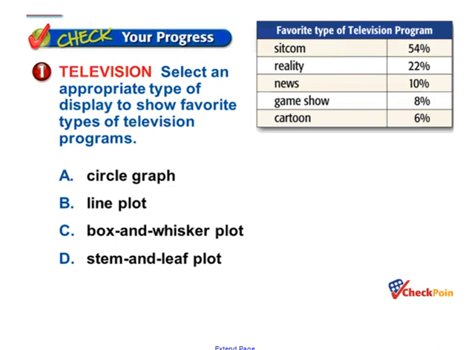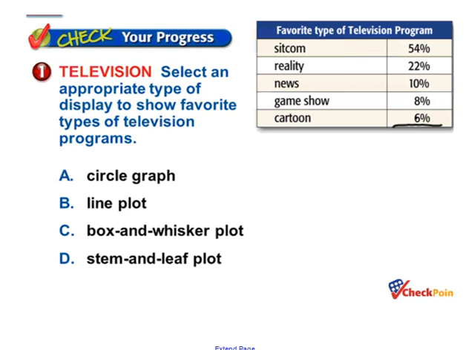Next one says television. Select an appropriate type of display to show your favorite types of television programs. And I've got the answers either A, B, C, or D. As I look at this, again, it's in percent. I need to add these up to see if they do add up to be 100%. 6 plus 8 would be 14.